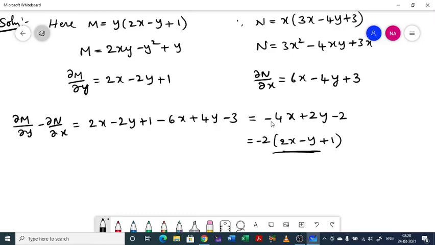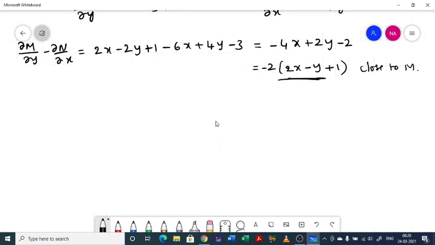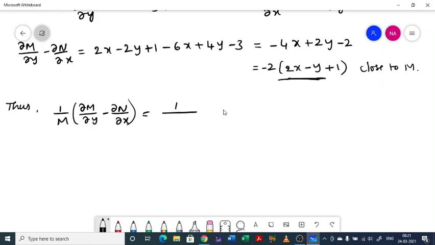So this is close to M. So you need to multiply 1 by M to the difference ∂M/∂y minus ∂N/∂x. Thus 1/M into (∂M/∂y minus ∂N/∂x) is 1/(y(2x minus y plus 1)) into minus 2 times (2x minus y plus 1).